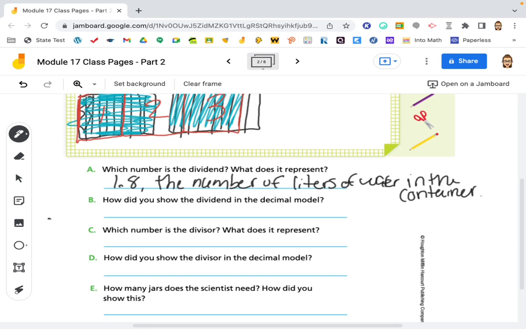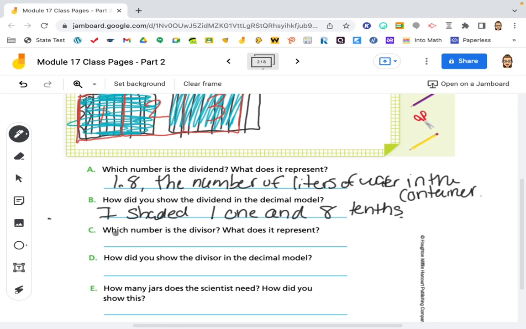And did you show the dividend in the decimal model? Well, I shaded 1, 1, and 8/10.